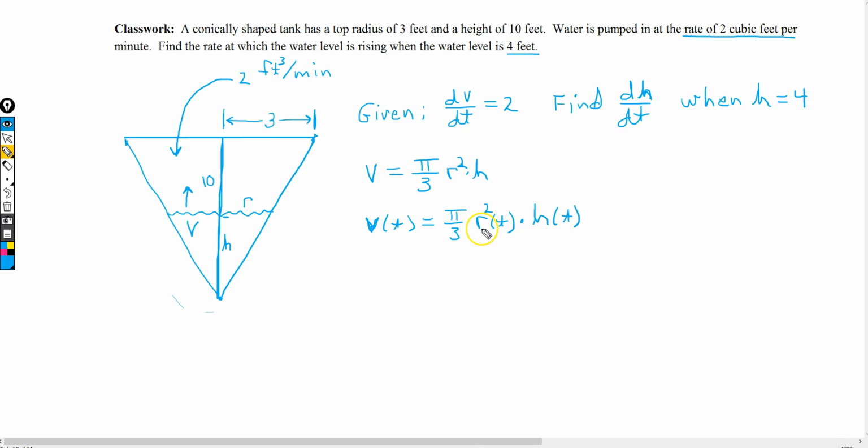So we're going to try to get rid of this r by writing it in terms of h using similar triangles from our diagram over here. Now if you look over here, we have two triangles that are similar. We have this triangle and we have this big triangle right here.